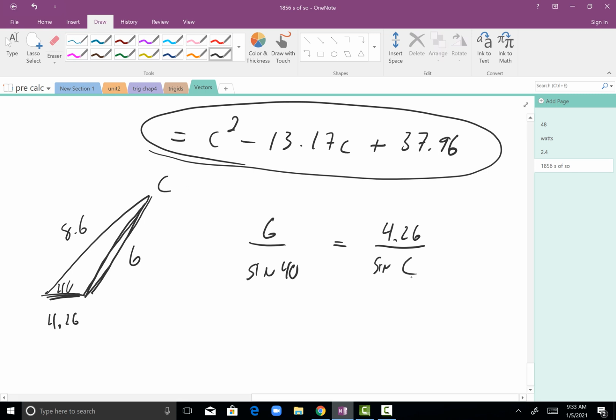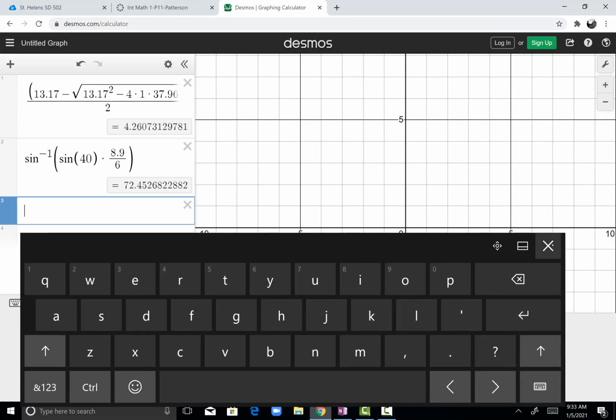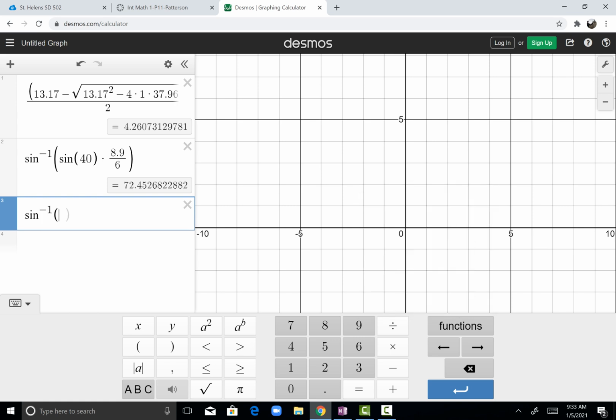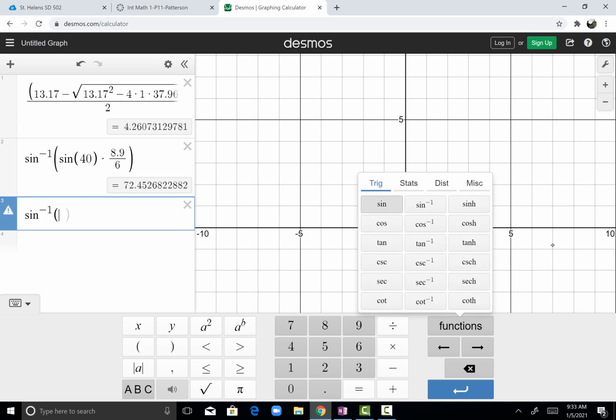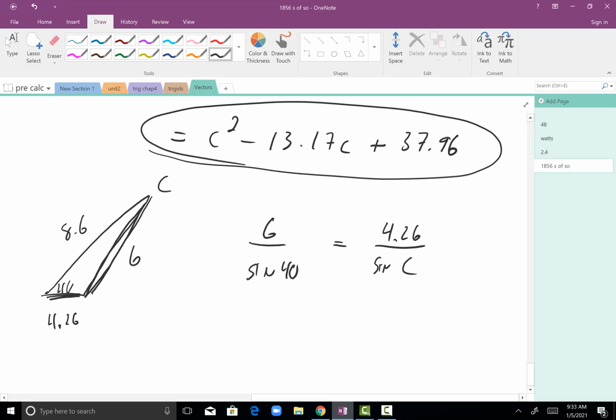All right, cross multiply. So sine of 40 times 4.26, and then I'm dividing by 6.